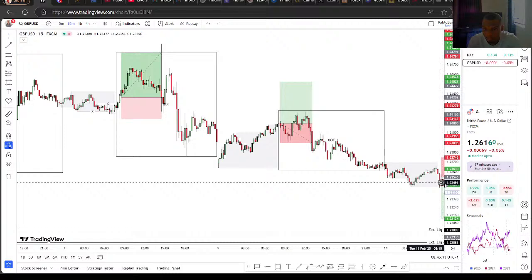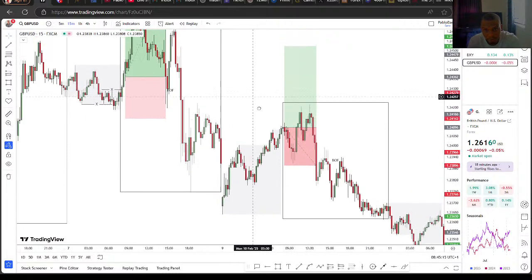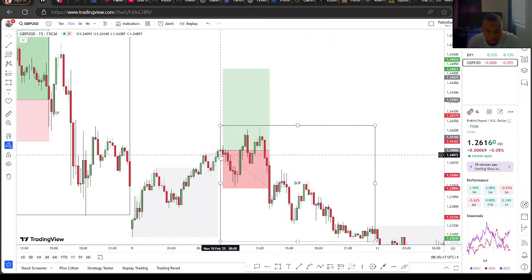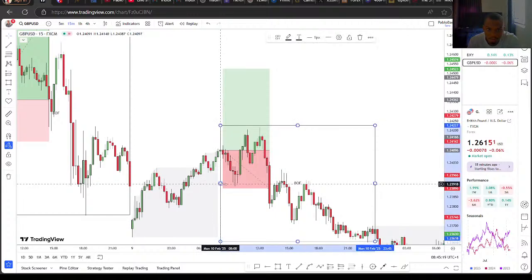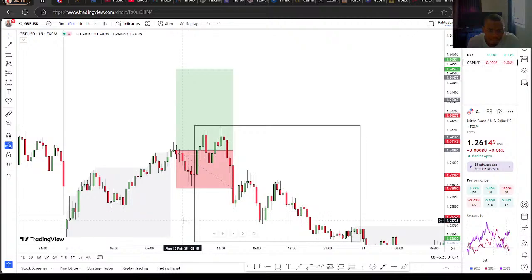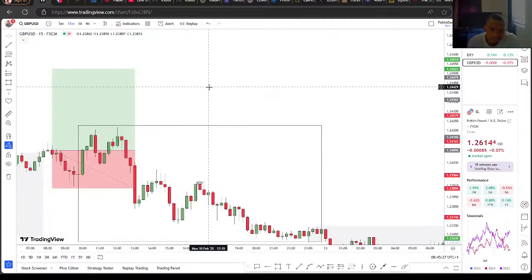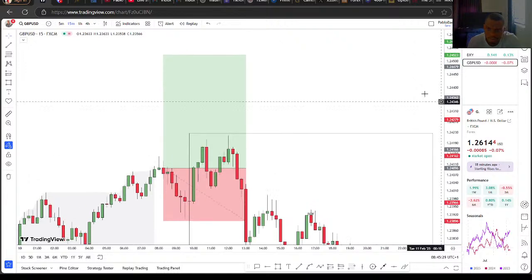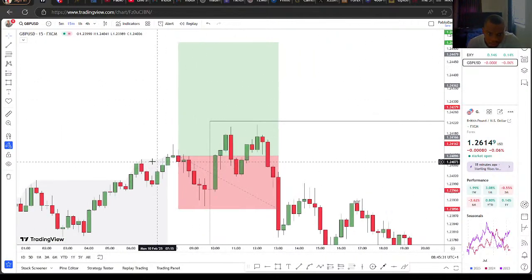Where is London Open? This is London Open. Let me remove this filthy box. So the London breaks Asian structure with a candle. Let's check it. This is Asian highs. This is London candle. It didn't break it with a candle.